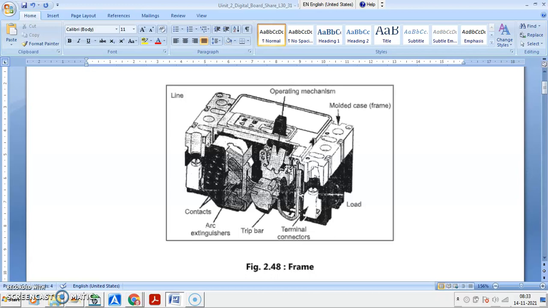Sometimes they have inbuilt ground fault or ground leakage detection, and the MCB or MCCB operates based on that ground fault. Some units have a data monitoring system, gathering the data, and they may communicate to a communicating device.